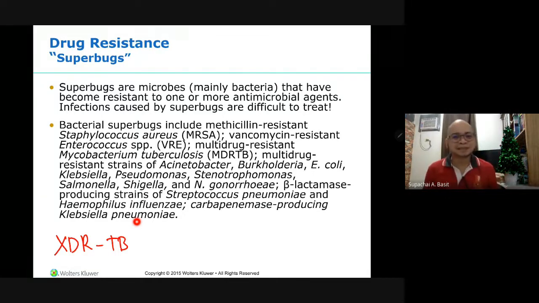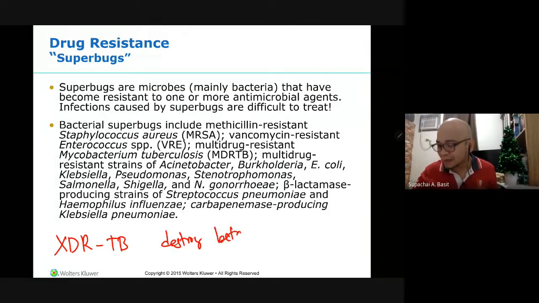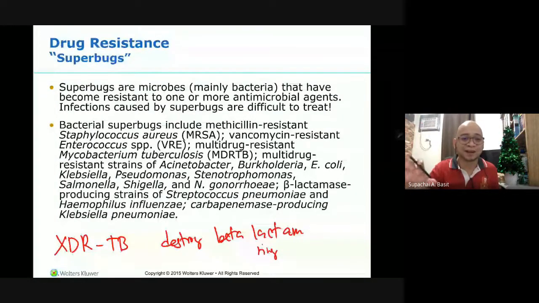And then, some bacteria are able to produce beta-lactamase. And what is a beta-lactamase? Beta-lactamase is the enzyme that will destroy the beta-lactam ring. What is the beta-lactam ring? It is actually found as one of the molecular structures of the antibiotics.